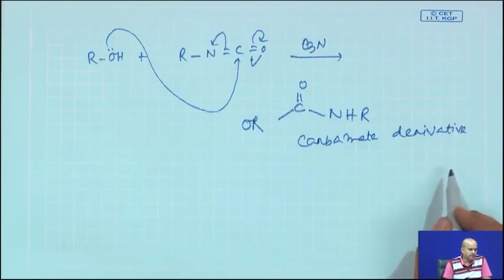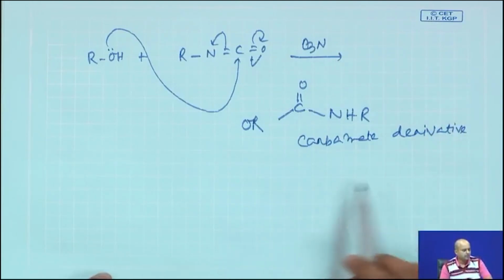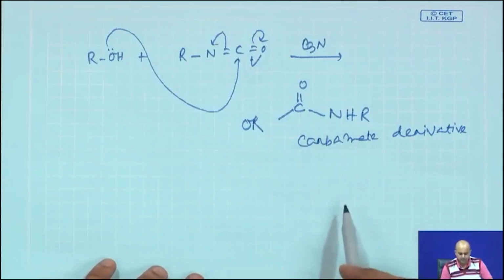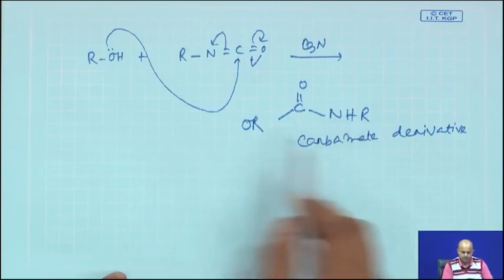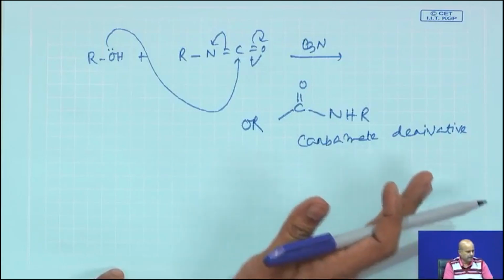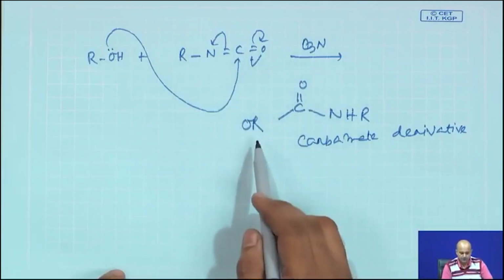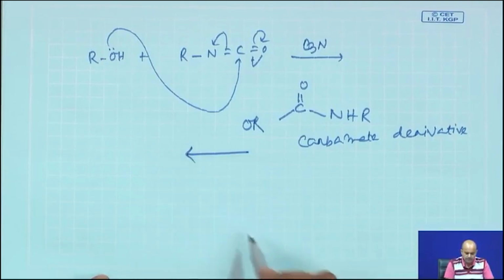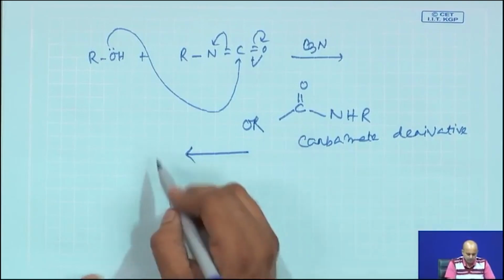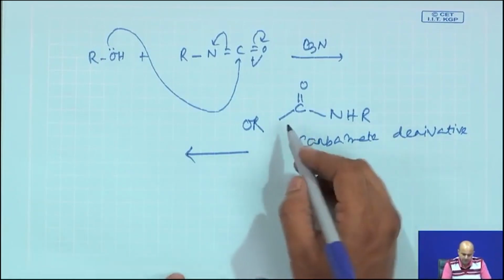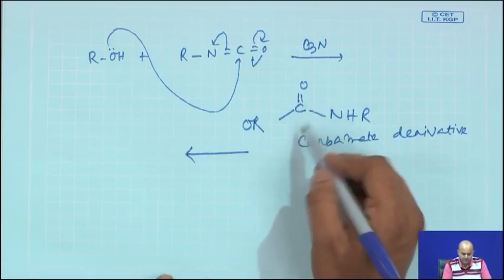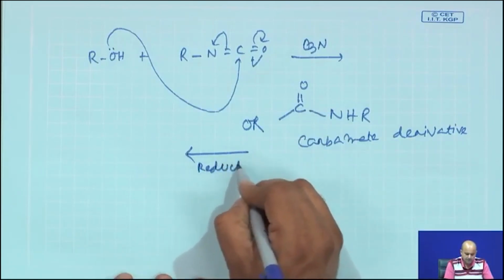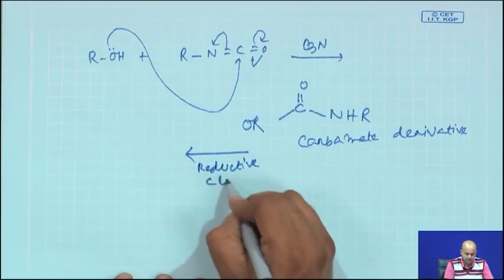Now, the carbamate derivative you can clip to get back your original alcohol. Normally you can clip this carbamate. This carbamate is basically an ester, and you can clip it through reductive cleavage.